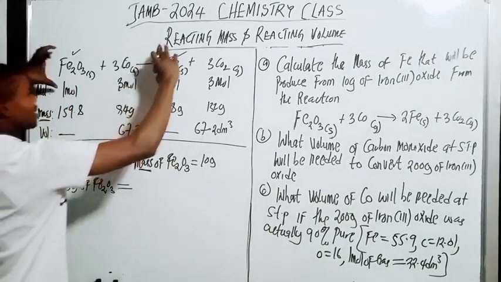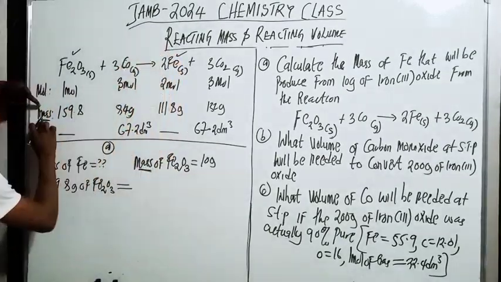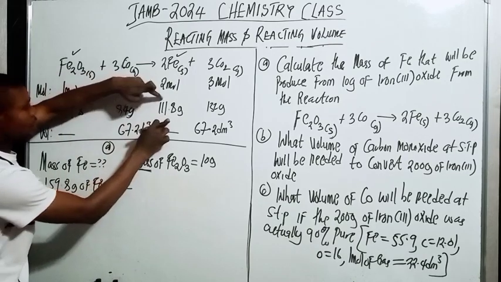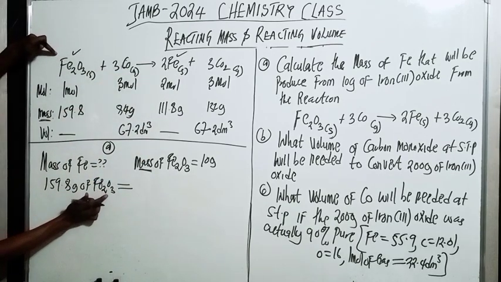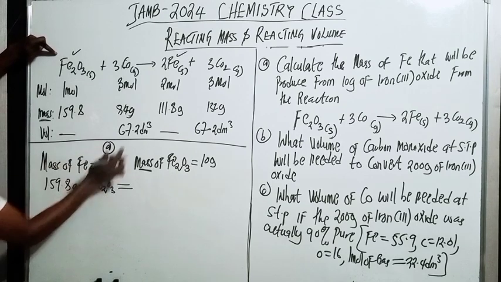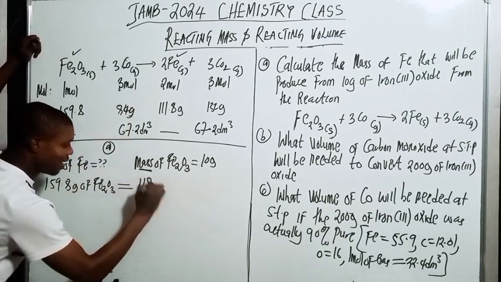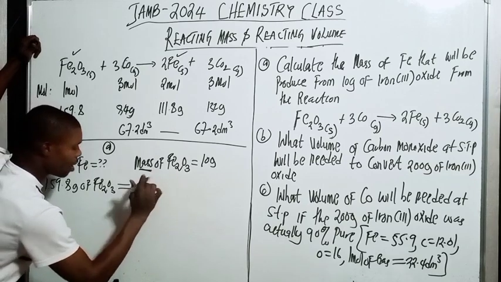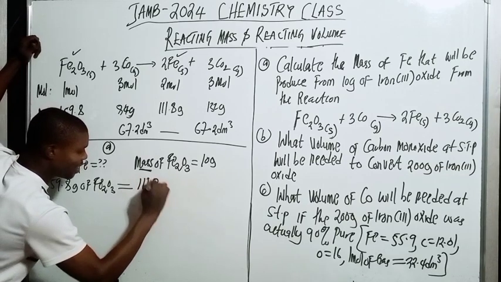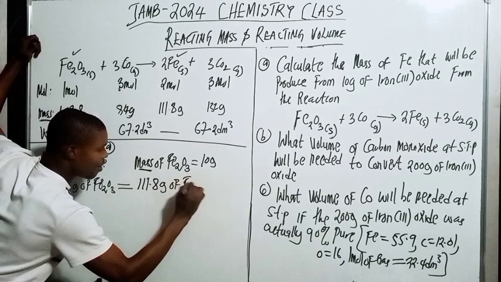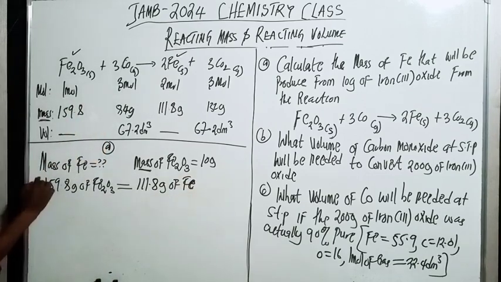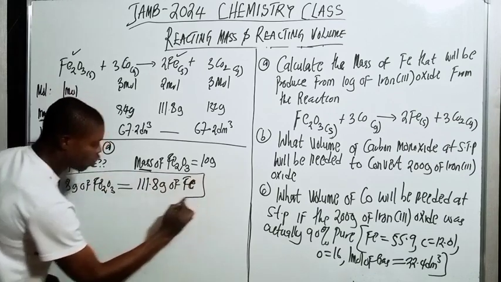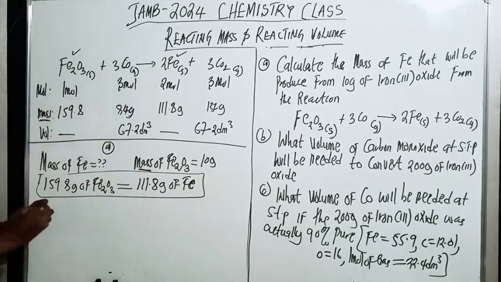So we are picking mass and mass. So 159.8 gram of iron 3 oxide is equal to 111.8 gram of Fe. Do you understand? This is what you are now going to use in your calculation.